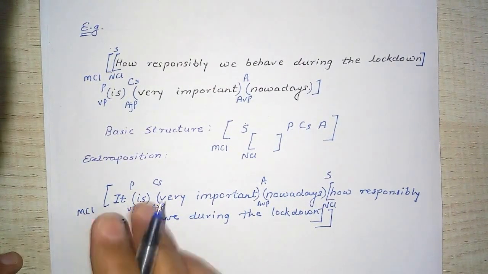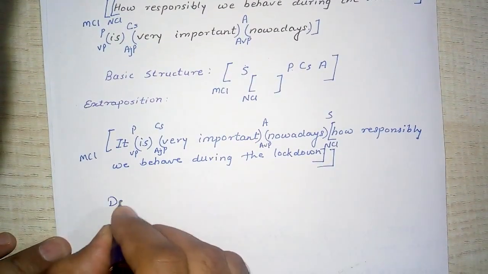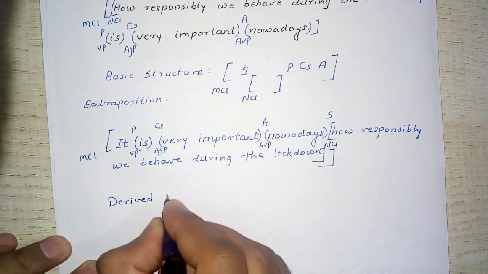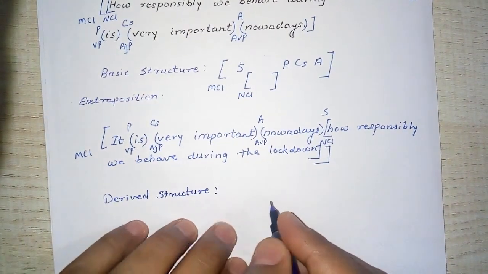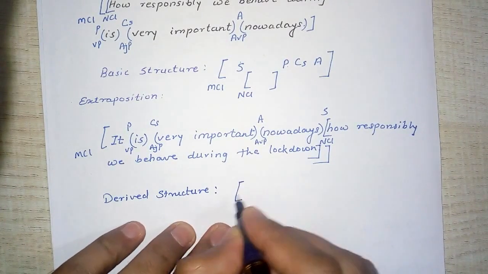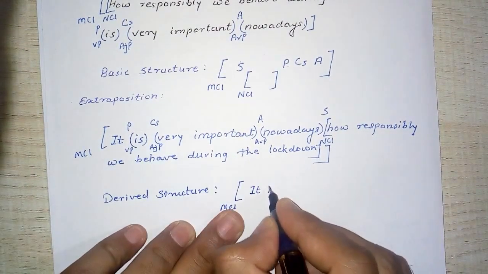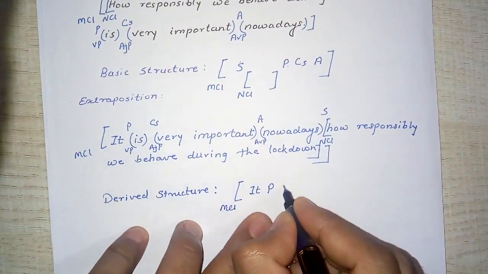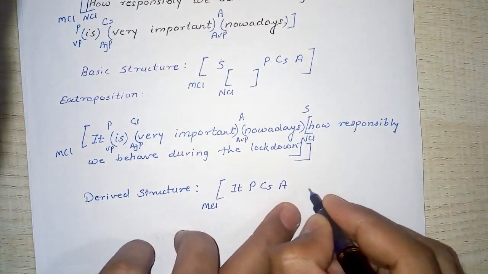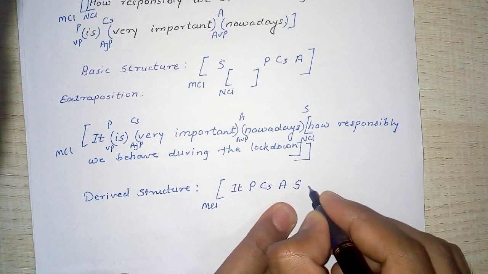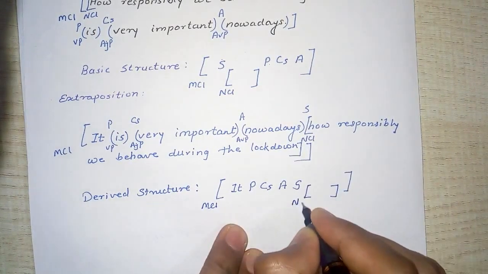Now the derived structure of this sentence is, I will talk about the derived structure. The derived structure is first it, then predicator, then subject complement, then adverbial, and at the end subject, which is basically NCL.